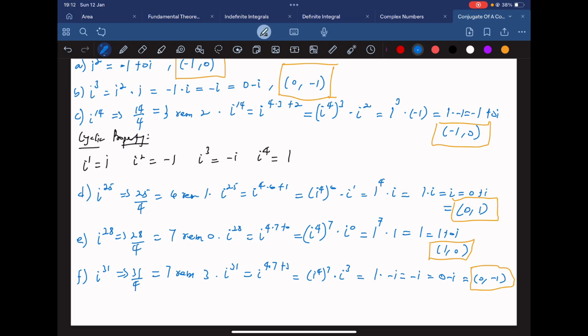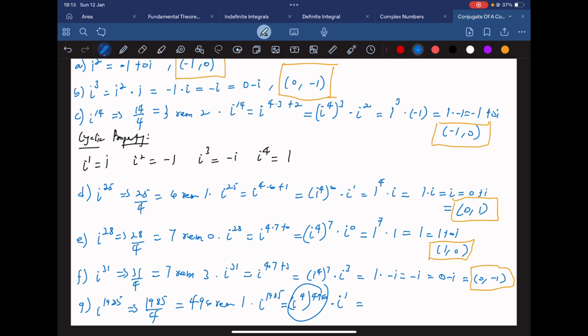Okay, let's look at the last one. So for g, we have i to the exponent of 1985. So we have to divide 1985 by 4, and that is going to give you 496 remainder 1. So in that case, we have i to the exponent of 1985 equal to i to the power 4, raised to the power 496, then multiply by i to the exponent of 1.